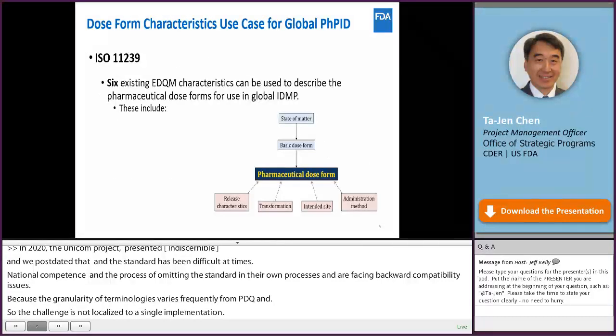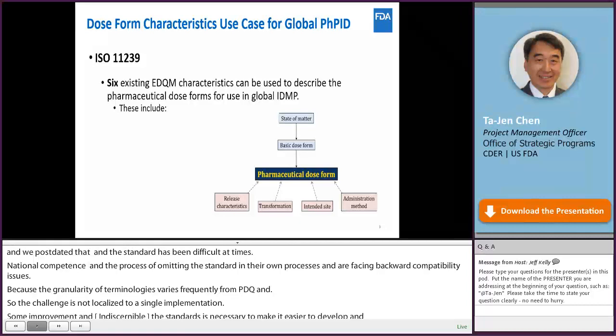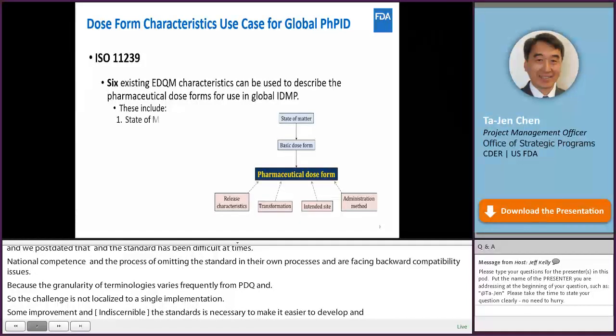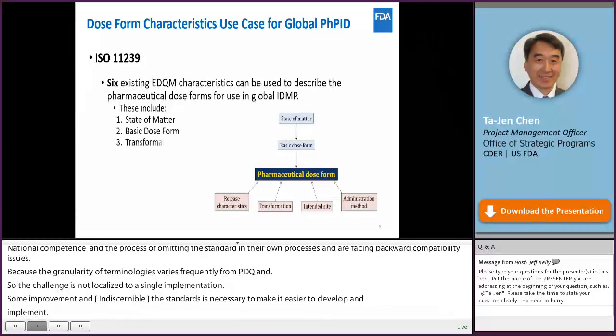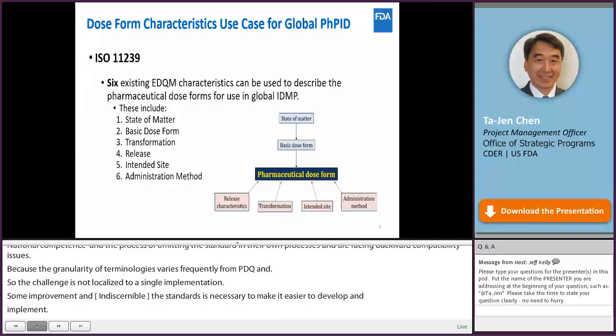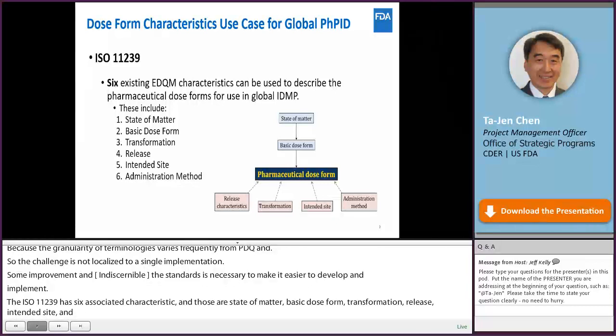The ISO 11239 specifies that each pharmaceutical dose form term will have 6 associated characteristics, and those are state of matter, basic dose form, transformation, release characteristic, intended site, and administration method. The EDQM implemented ISO 11239 and established robust terminology for each of the characteristics.